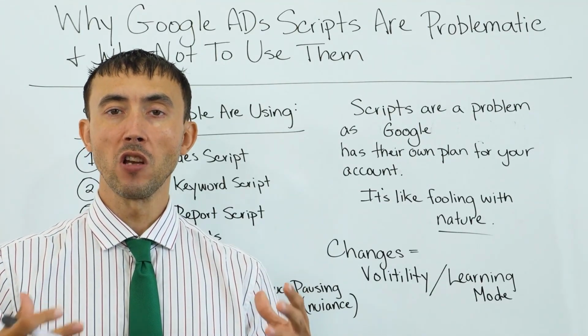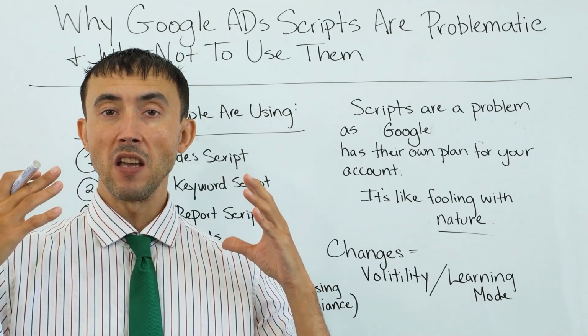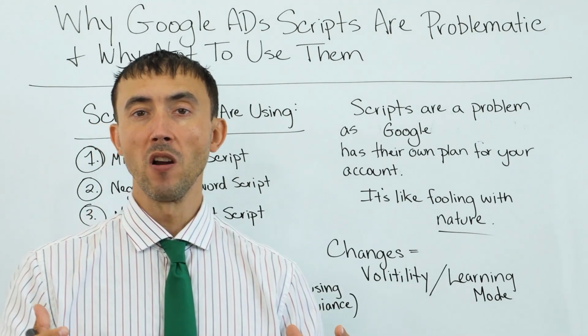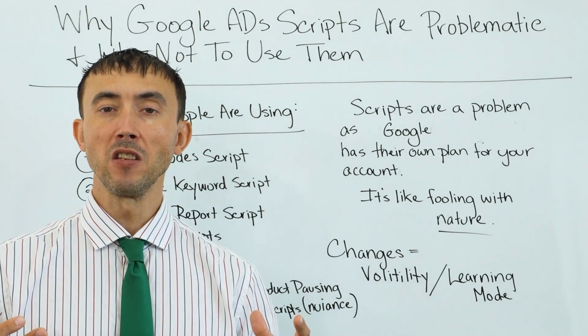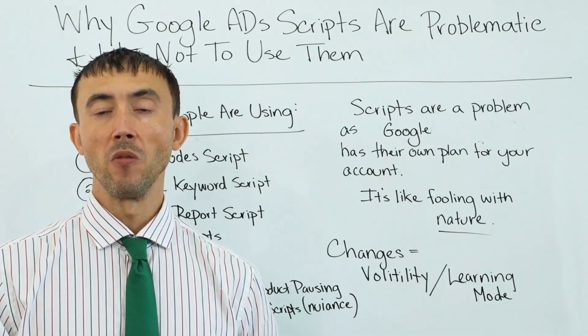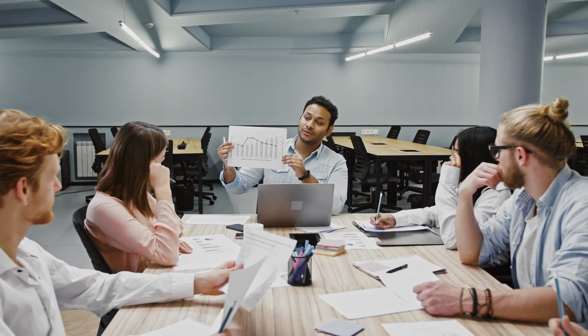So you have to be ultra careful about any change you're making, and realistically, you should be making no changes in your account unless you consult with somebody who has made those changes before. So you don't have to go through this negative volatility to get an upside that may or may not actually be there. And I get it, it's expensive hiring ad experts, especially ones that actually know what they're doing, because 90% of them don't.